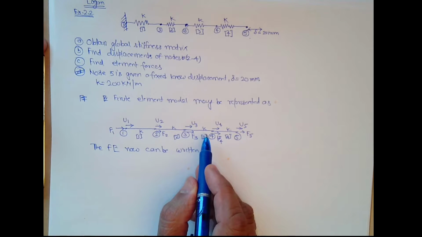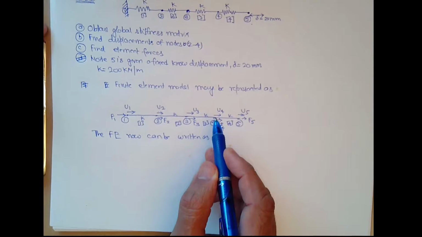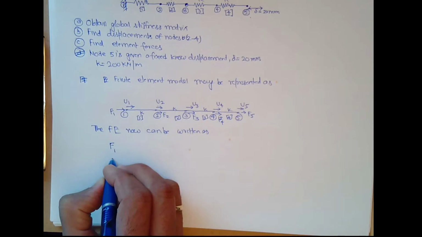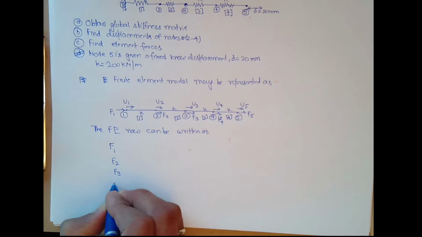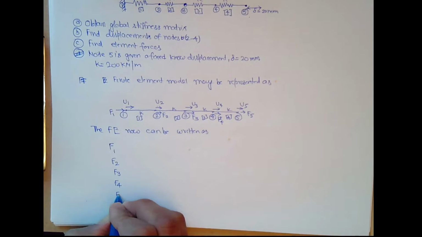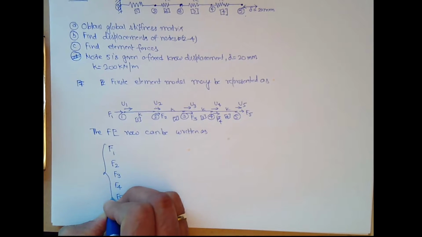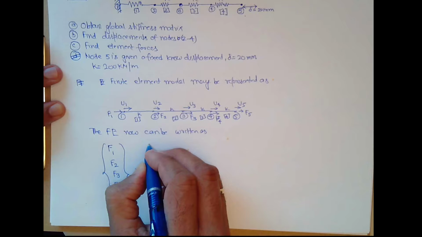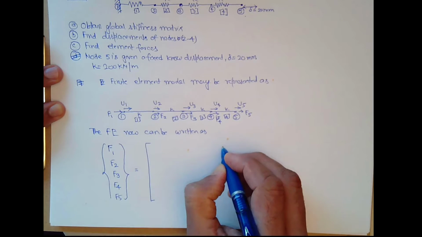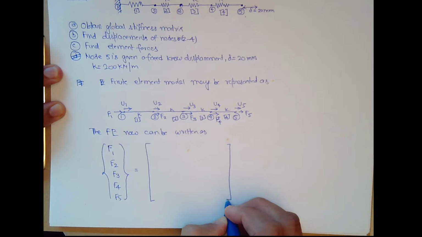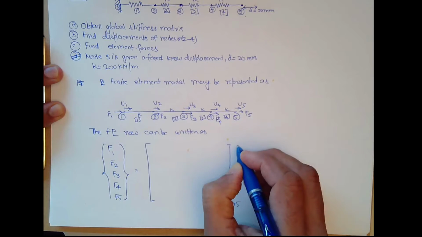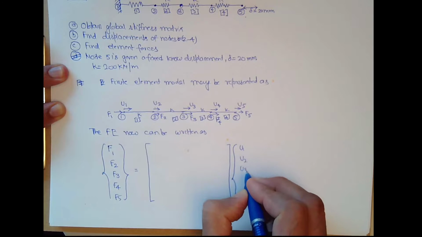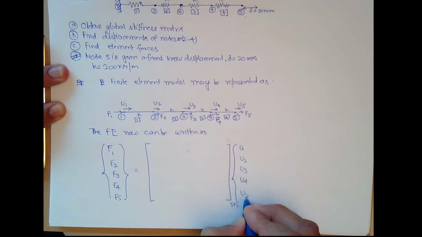So stiffness matrix will be 5 by 5. So when it is 5 by 5, I can write this finite element equation quickly. Directly, I can write F1 and F2. This is going to be a 5 by 5 matrix, and the displacements are u1, u2, u3, u4, and u5.